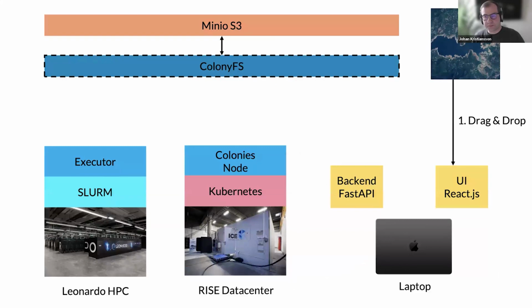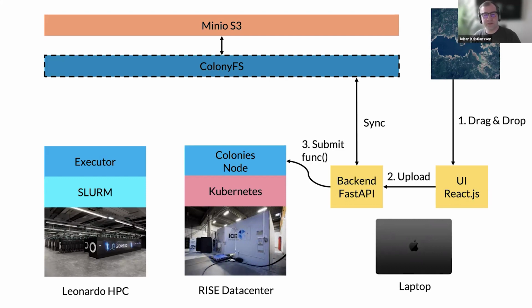I'm hoping to actually make a demo of this that I'm working on. It's just a demo. I'm going to present this at the EuroHPC Summit next week. The idea is to be able to analyze satellite images by just dragging them to a web server, and then they will be uploaded to a backend, and these images will be stored in ColonyOS.